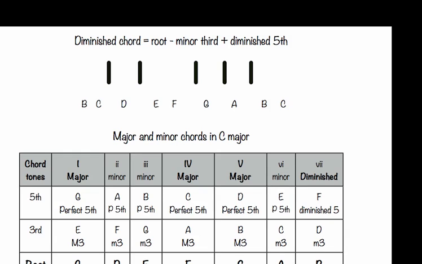Let's review all of these for a moment. Starting in C major, if we play the notes C, E, and G using our thumb, our third finger, and our pinky, 1, 3, and 5, you would find it's a major chord. Sounds something like this.